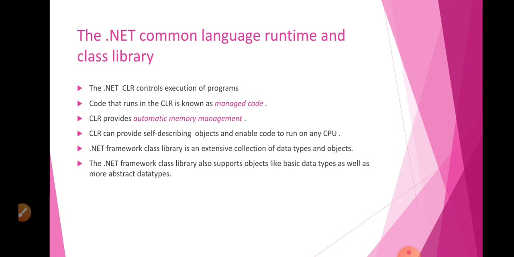Next, the .NET Framework Class Library is an extensive collection of data types and objects. Why are there so many data types and objects? Because the .NET Framework supports various programming languages, and each programming language has various types of data types that may differ across languages.